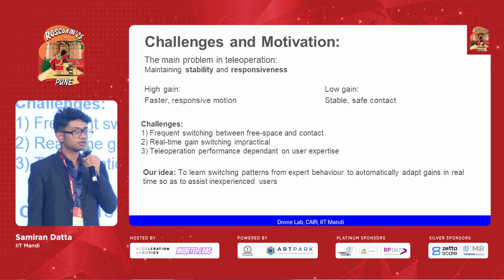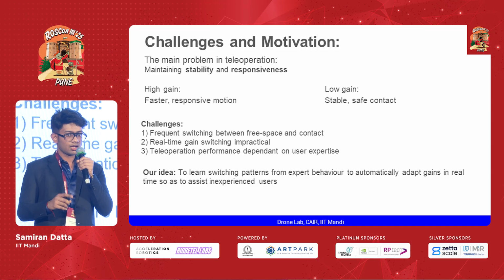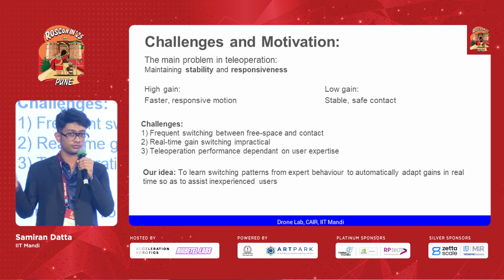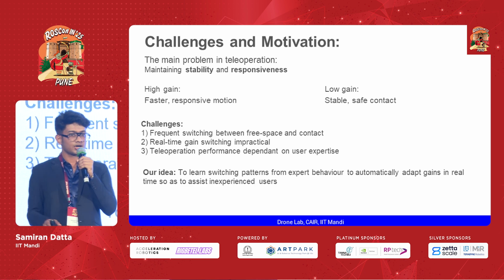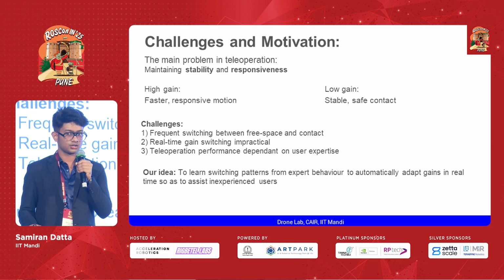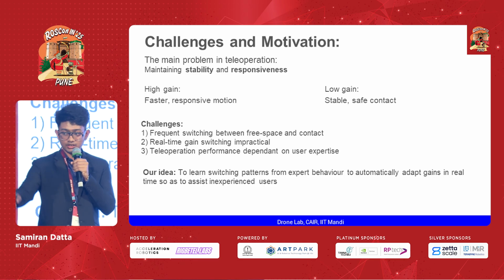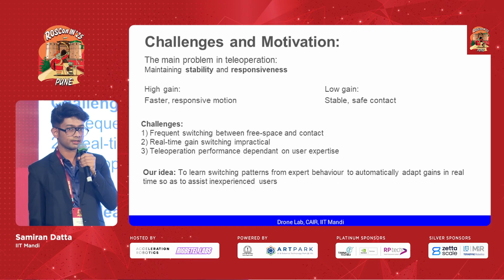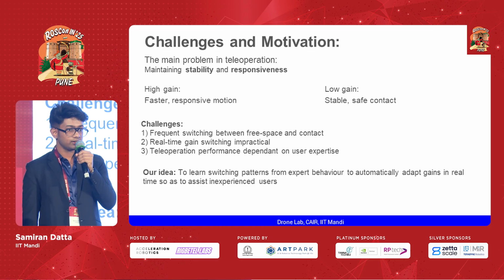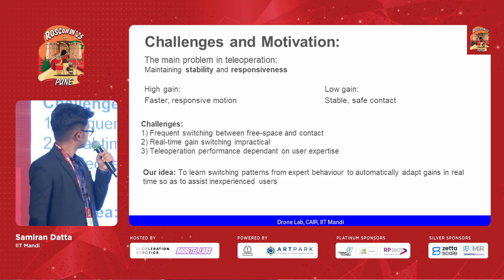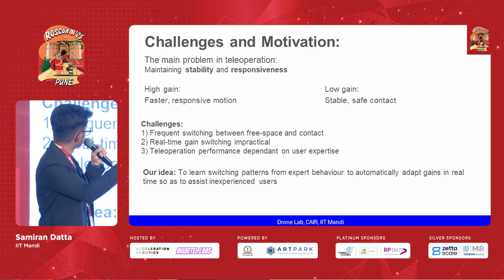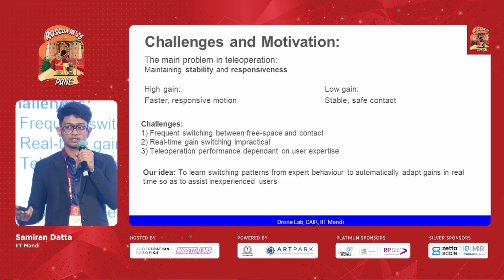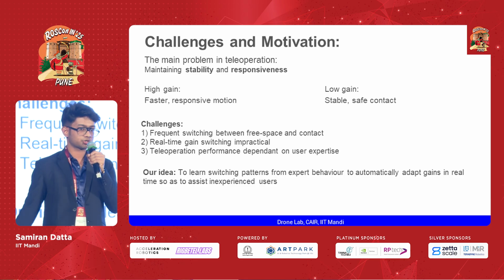If I'm keeping it low, and it's properly tuned, one advantage is that especially when I'm touching an object in a haptic scenario, the stability will be greater than if I had used a high gain system. But on the other hand, the disadvantage is that there will be a sluggish response.